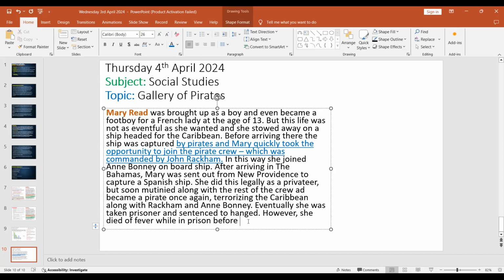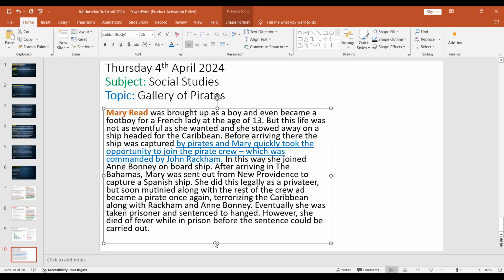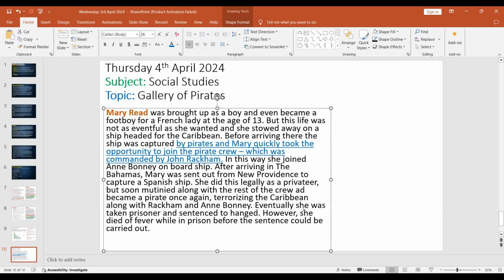However, she died of a fever while in prison before the sentence could be carried out. And you might say, wow, how could a person die of a fever? Remember, those were primitive times. We didn't have the advances in medicine that we have now.